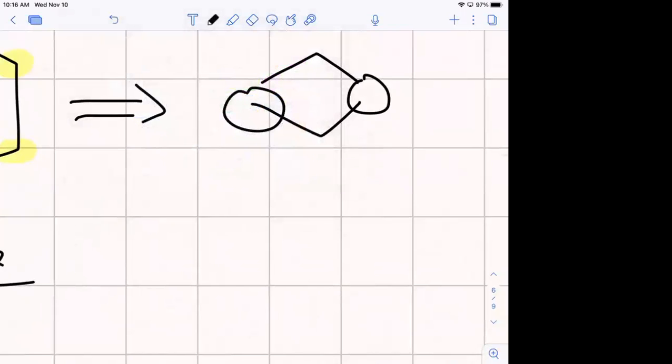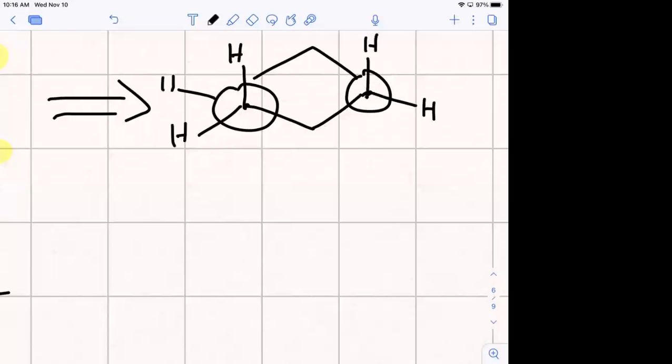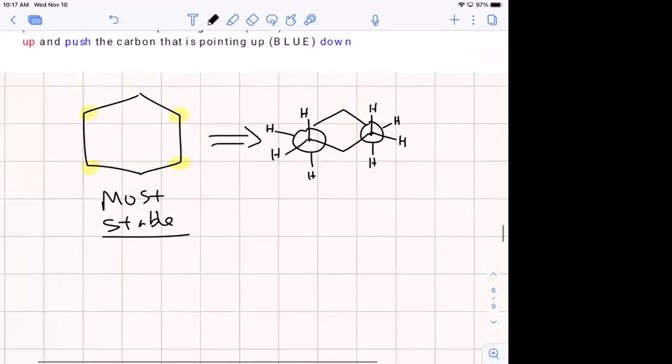Right, where this is a carbon and that's a carbon. So these are hydrogens here. And on those back carbons, those are hydrogens as well, right? So this is what a Newman projection would look like if you drew the 6-member ring.